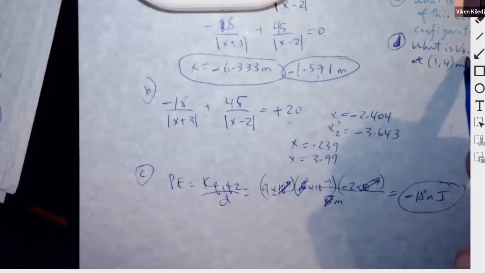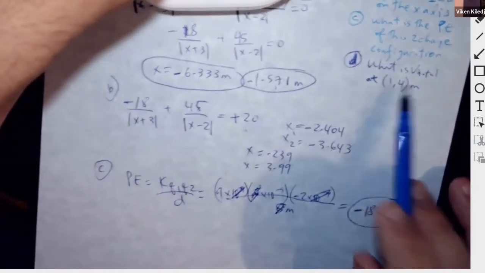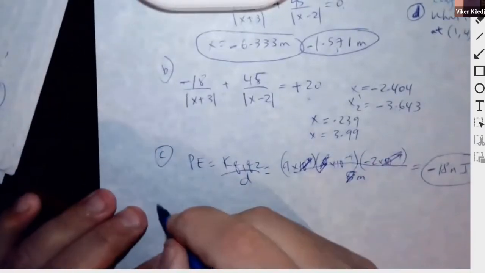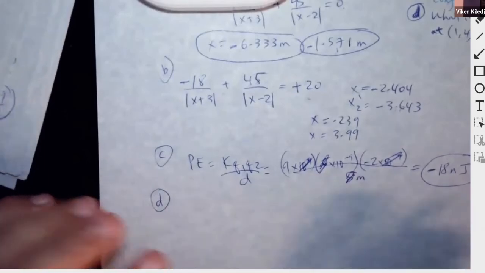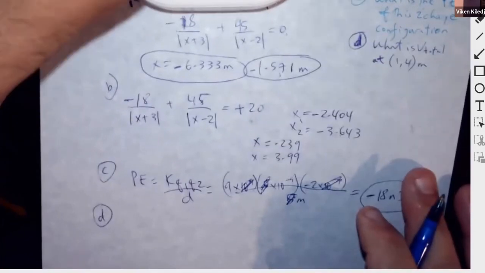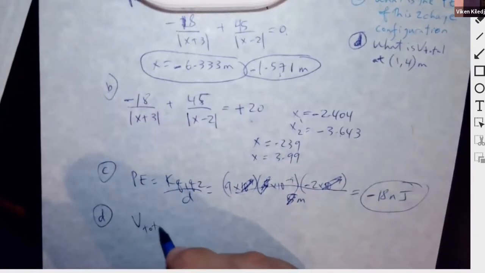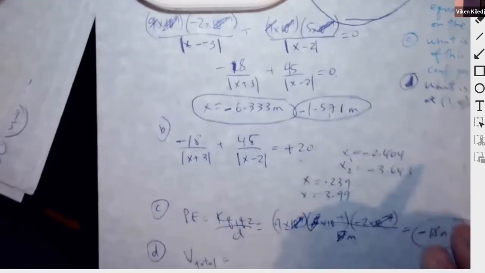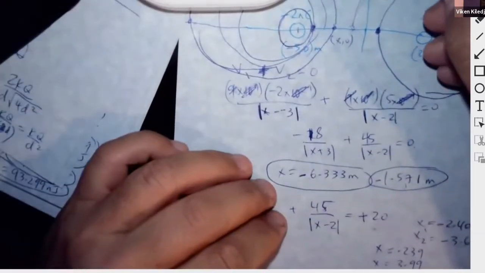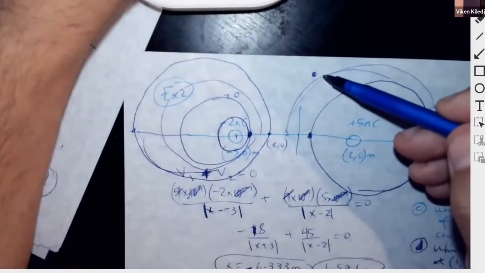Okay, so then total voltage at some random point. Again, this is going to be very easy compared to the electric field, right? Total voltage at some random point. So it's going to be at 1,4. That would be somewhere here on the graph, 1,4.